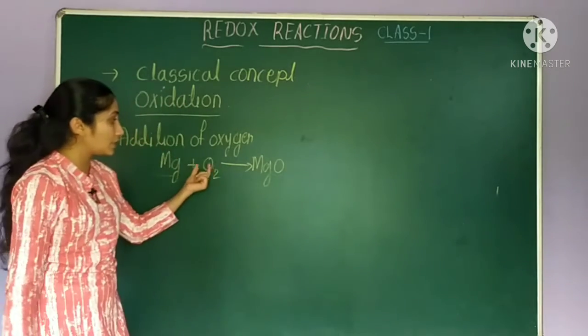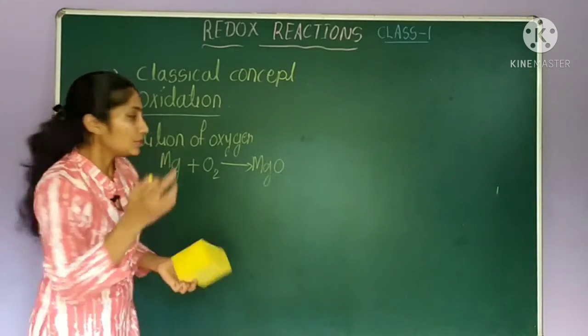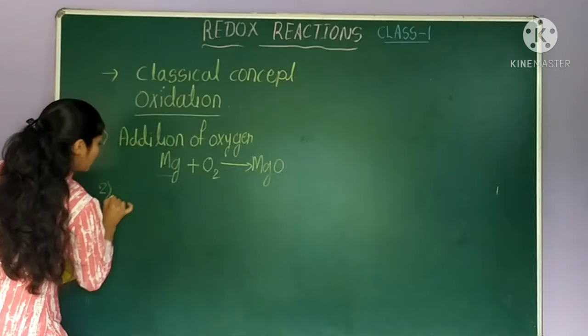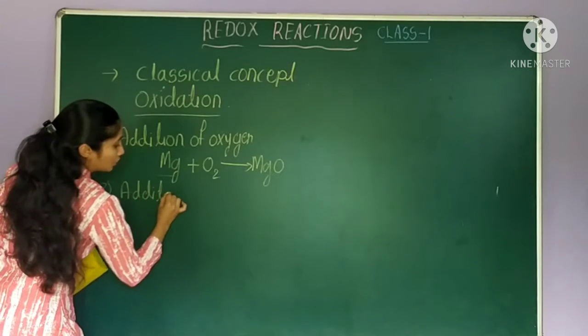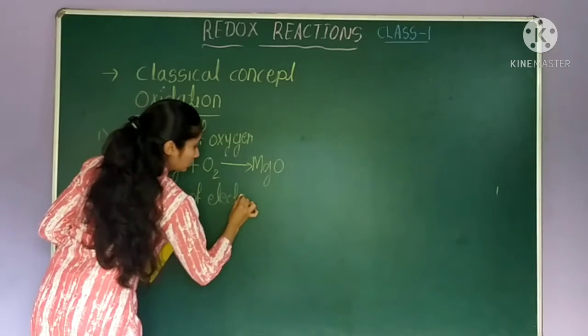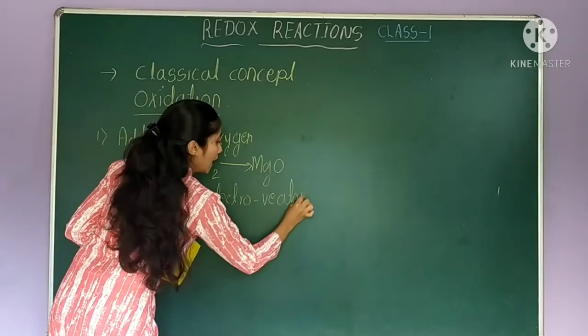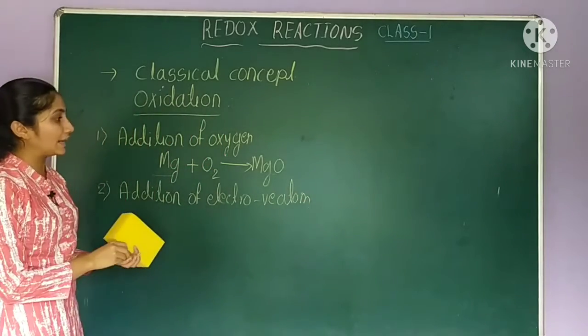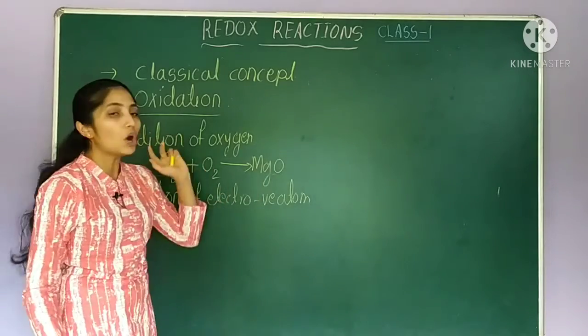This is not only oxidation. You cannot say it's only addition of oxygen. The second definition is that it may be addition of an electronegative atom also. Addition of an electronegative atom is also oxidation.